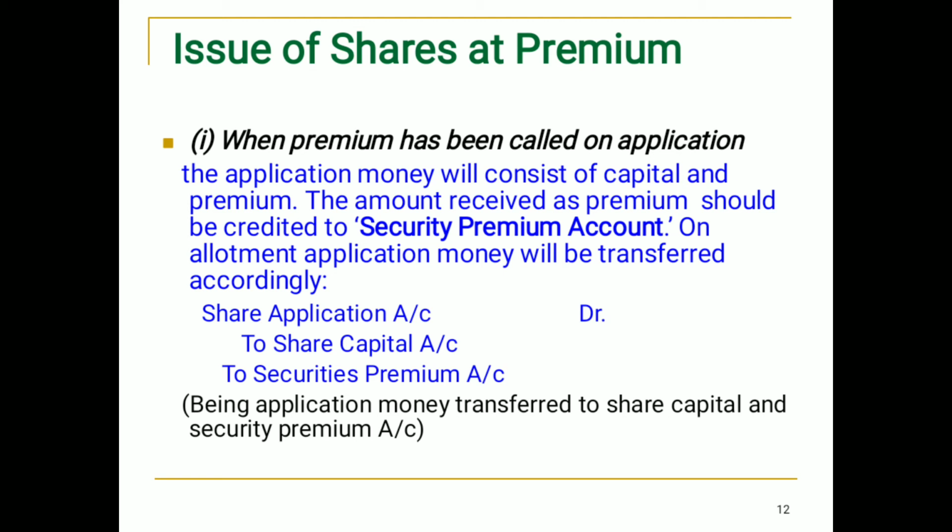And then the second journal entry, share application account debit to share capital. This is similar. It can be equity share or preference share, anything. But an additional thing mentioned here is to securities premium account. This is the amount of premium. So there is a change in the second journal entry.